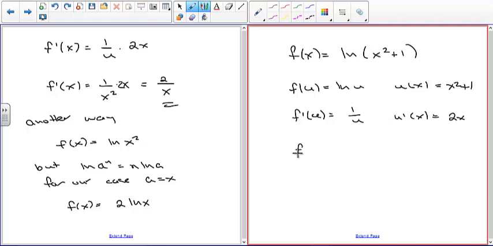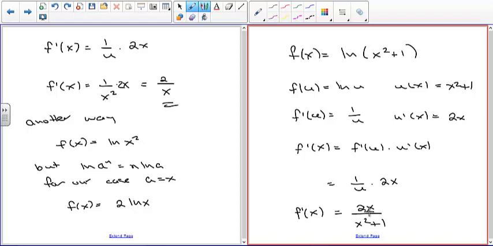So the chain rule says f prime of x equals f prime of u times u prime of x. Plug those in, you get 1 over u times 2x. And then I plug u back in, and I get 2x over x squared plus 1. So that's the answer.